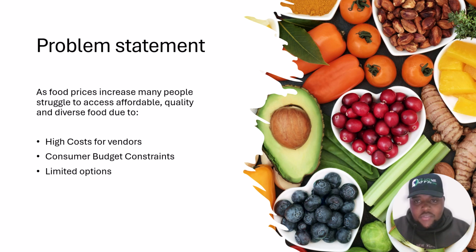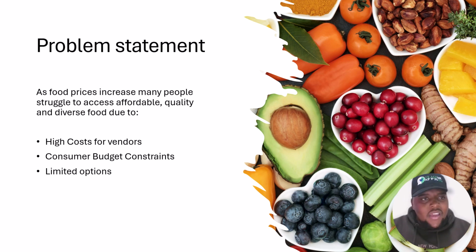On this problem slide, I'd advise you firstly to include a problem statement. You tell us what the problem is and what caused it, or what the effects of the problem are. So as you can see here, we said as food prices increase, many people struggle to access affordable, quality and diverse food due to these 3 points, which are what we call the causes of the problem.